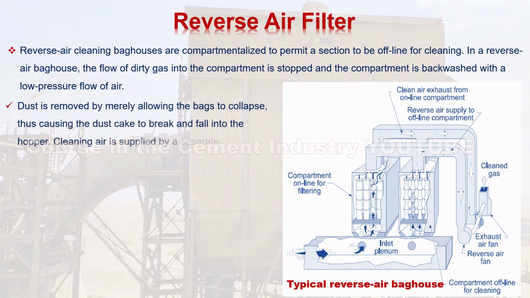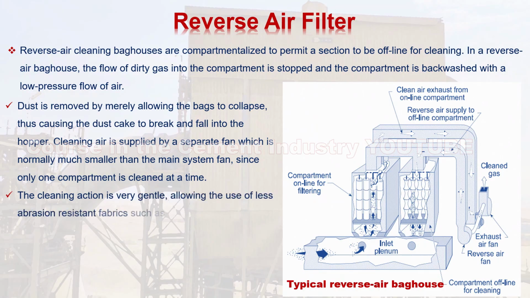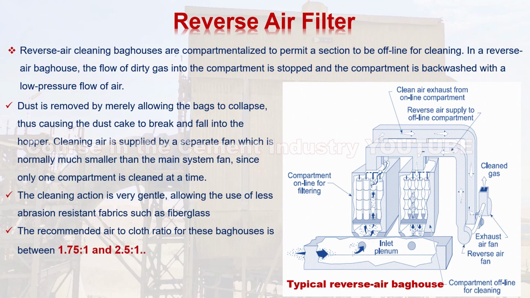Cleaning air is supplied by a separate fan, which is normally much smaller than the main system fan, since only one compartment is cleaned at a time. The cleaning action is very gentle, allowing the use of less abrasion-resistant fabrics, such as fiberglass. The recommended air-to-cloth ratio for these bag houses is between 1.75 to 1 and 2.5 to 1.